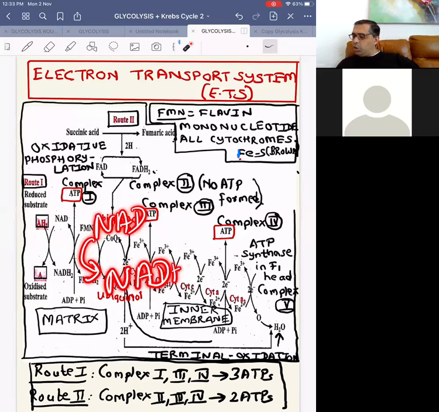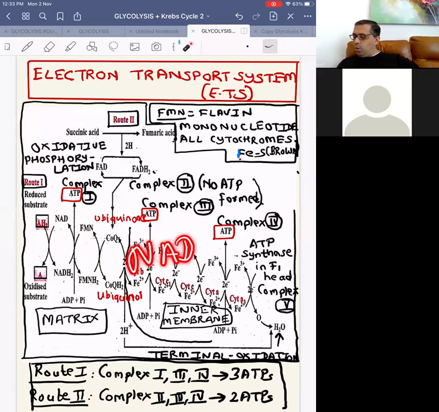Then NADH2 gave away the hydrogen and got oxidized back to NAD.